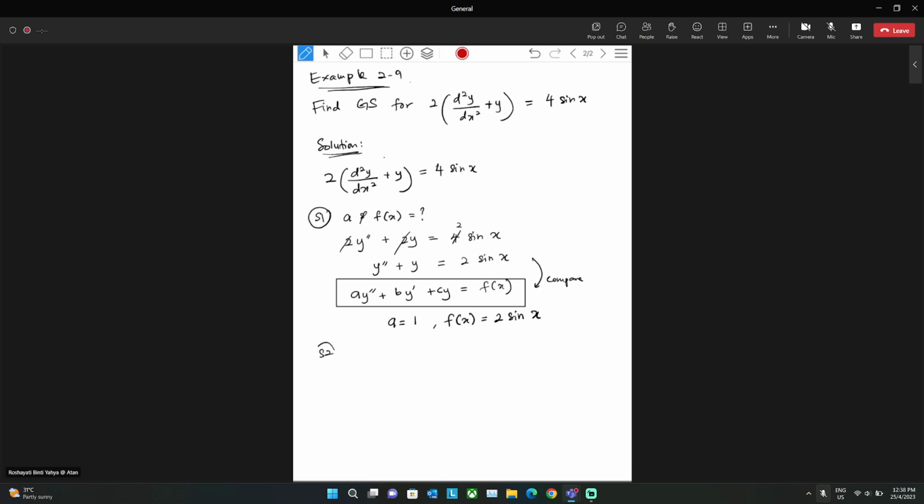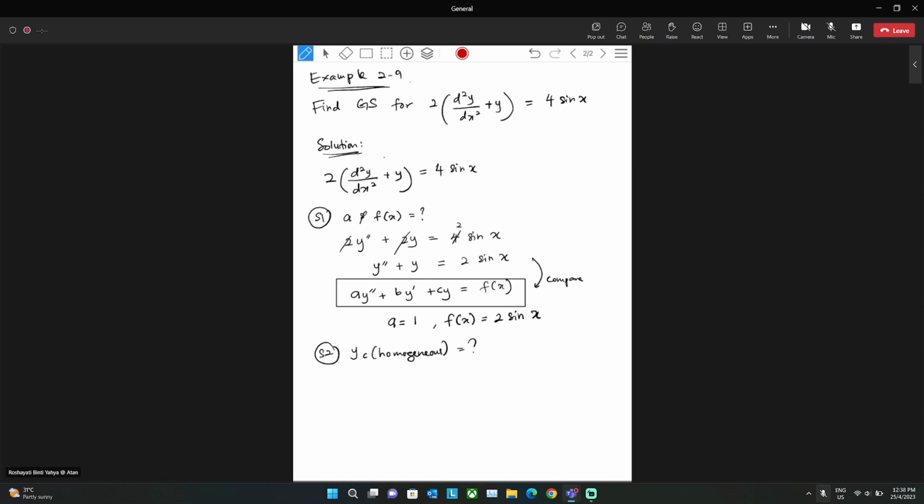So step number 2, you need to find what is your y c for homogeneous. How to write this? Ada dalam modul tak sekejap? Mana modul? For m, okay, there is m1, m2.